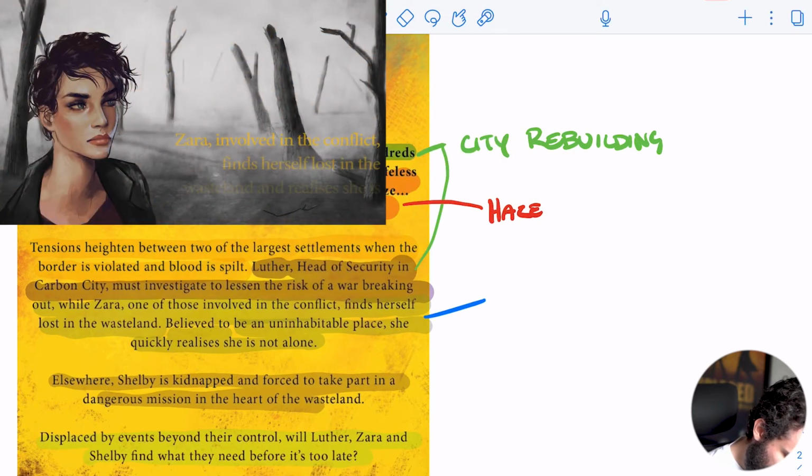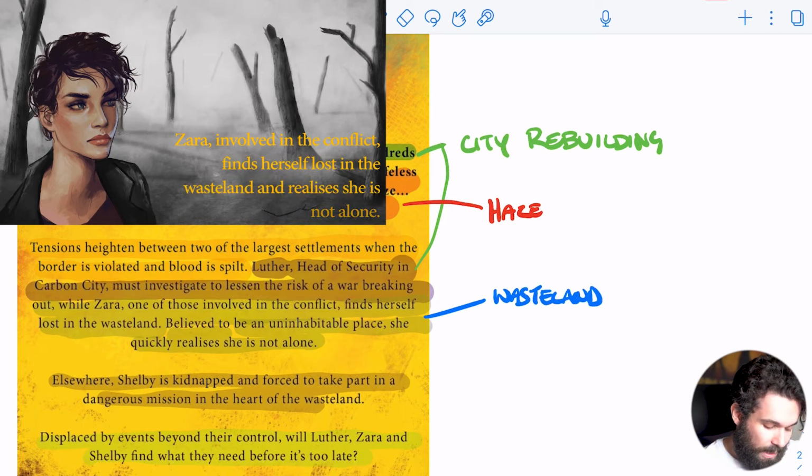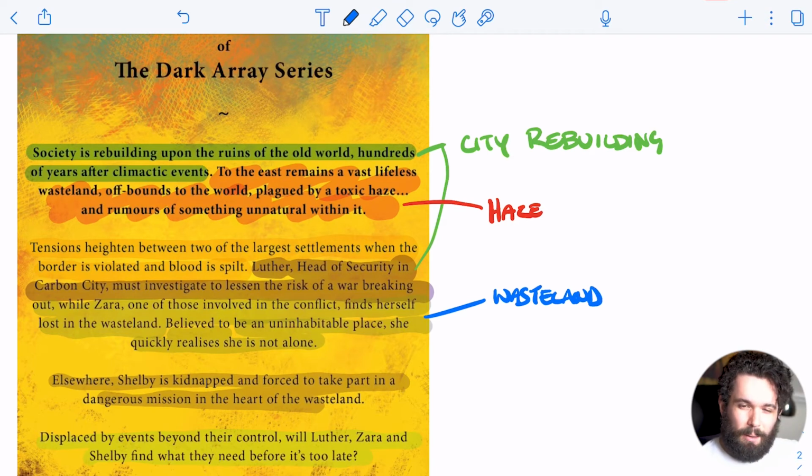So Zara had the wasteland, which maybe I could have used for the initial one, but I used the city twice, and although it's good to reuse assets, I don't want to feel like I've cheaped out too much. So it had the city rebuilding for the first bit, then it had some haze, which I made in After Effects with some of their native effects, with YouTube tutorials.